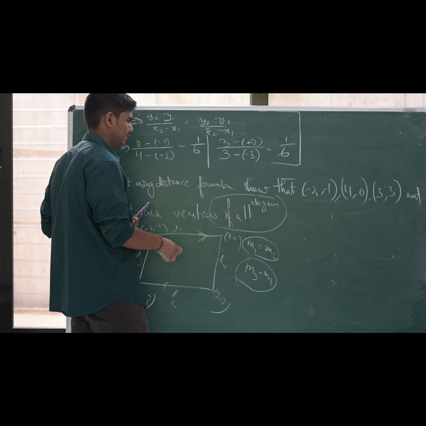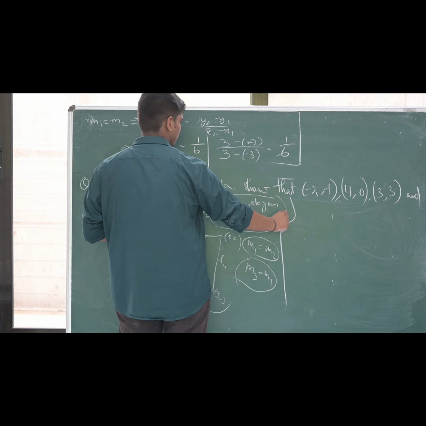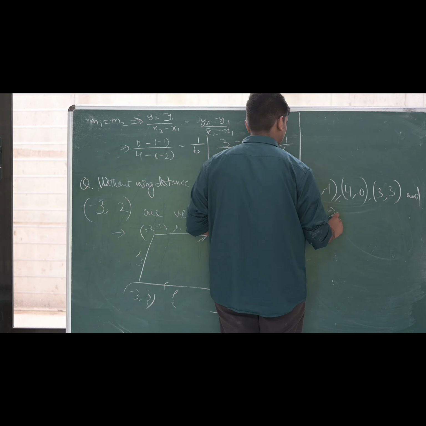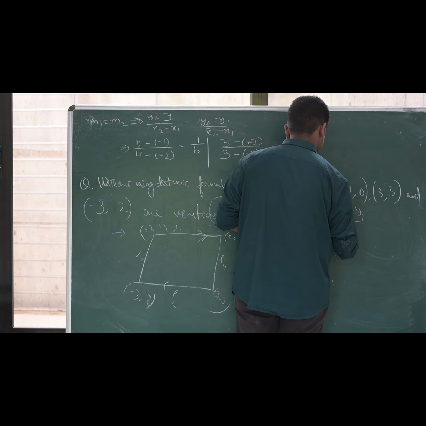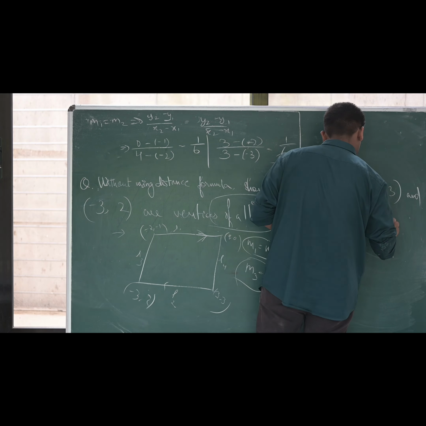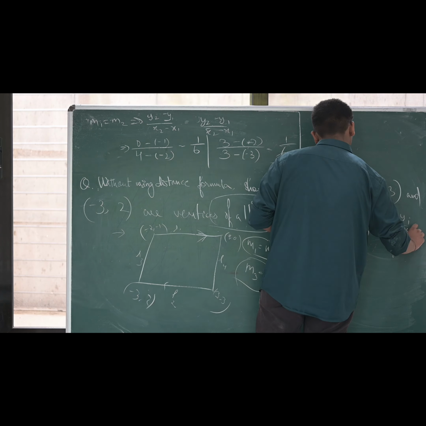One part is over. Now m3 is equal to m4; you have to prove the same thing. (y2 minus y1) by (x2 minus x1) is equal to (y2 minus y1) by (x2 minus x1) for m4.